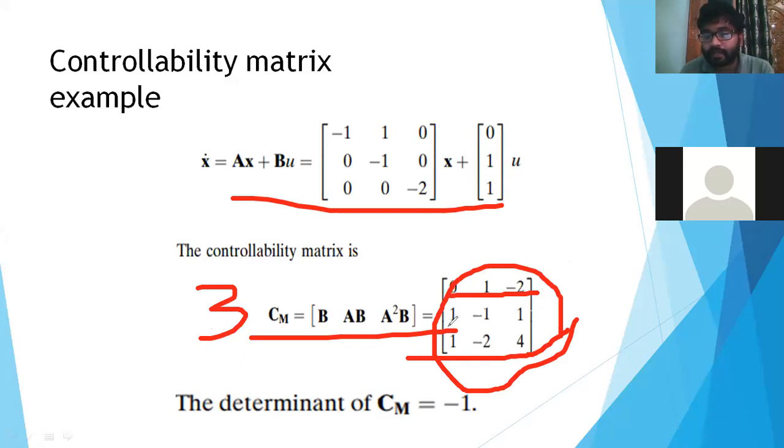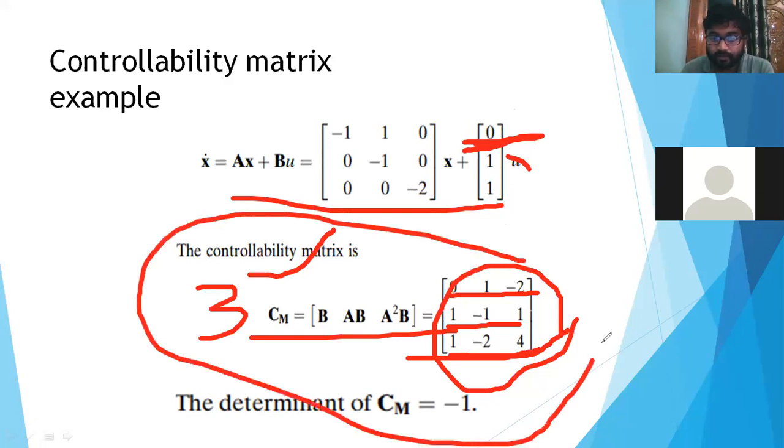Here all the elements are non-zero, so the rank of the matrix is 3. The system is completely controllable. But if you see the equation here, for the first state variable and input, you are getting 0 here. It seems like it is not controllable. But it is actually controllable through the method.